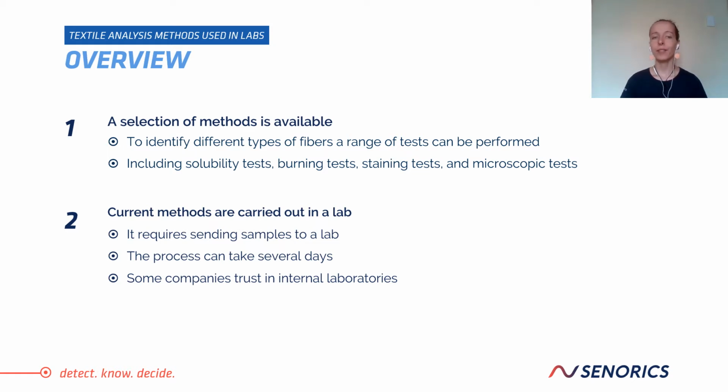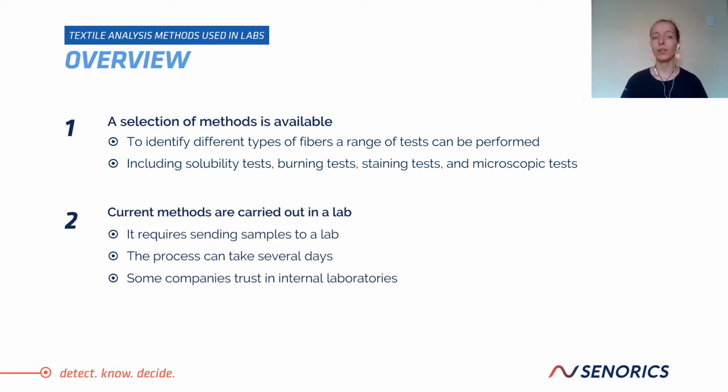To identify different types of fibers, there is a range of tests that can be performed. These tests include solubility tests, burning tests, staining tests, and microscopic tests. The current methods to analyze fibers are generally carried out in laboratories.